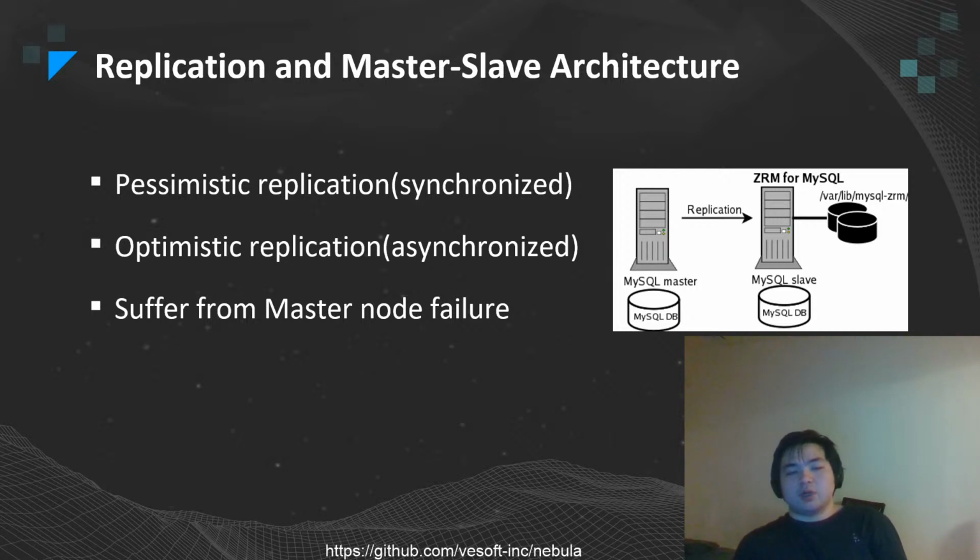Such a replication will wait a long time, which maximizes the latency. So this pessimistic replication does not support real-time tasks. So there arises another kind of replication, optimistic replication, which communicates between different nodes in an asynchronous way.